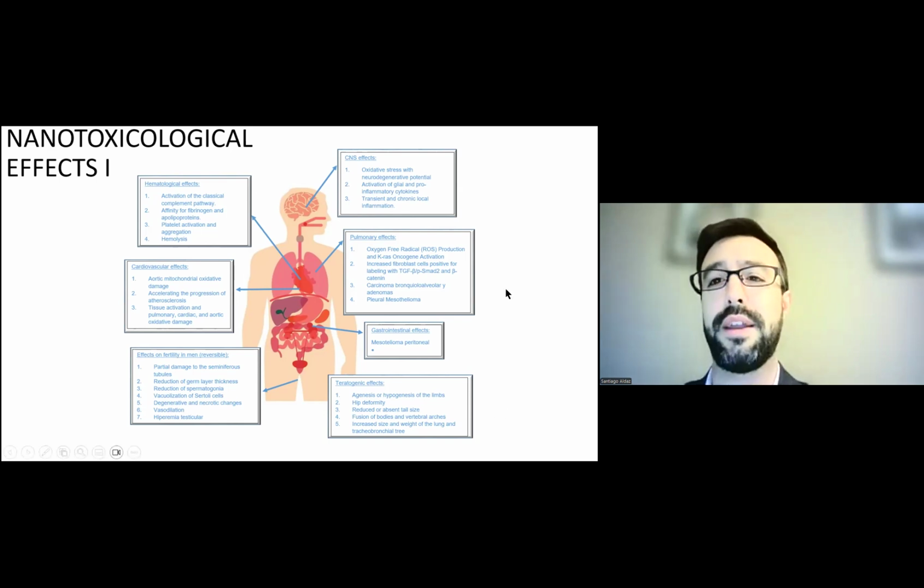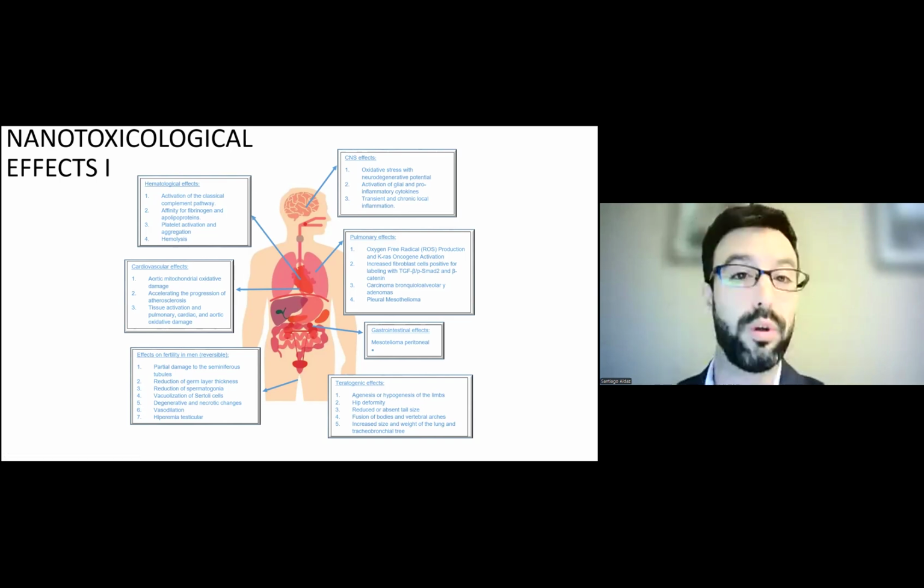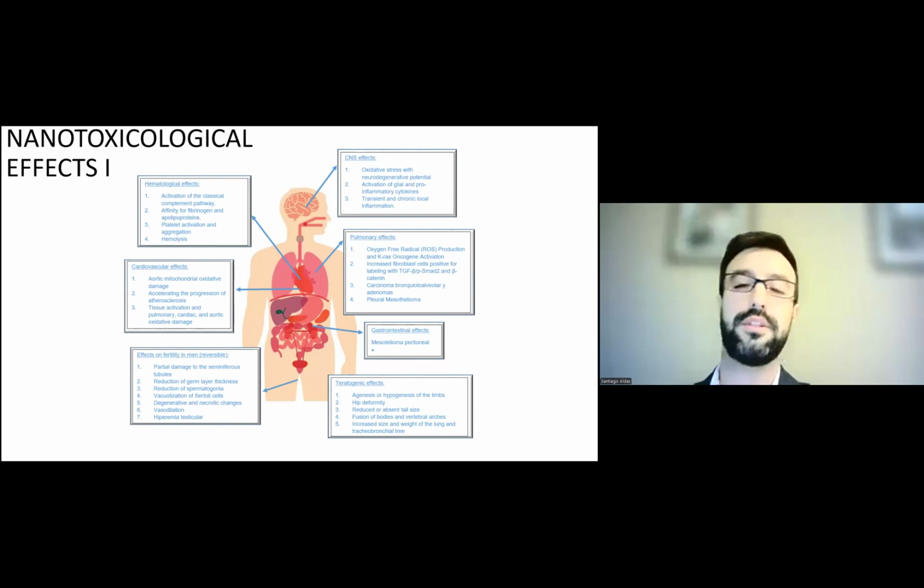We can also find central nervous system effects such as oxidative stress with neurodegenerative potential. That's what nanoplastics are being studied for, something that Dr. Cecilia Glauti mentioned in her speech, which is really important nowadays.